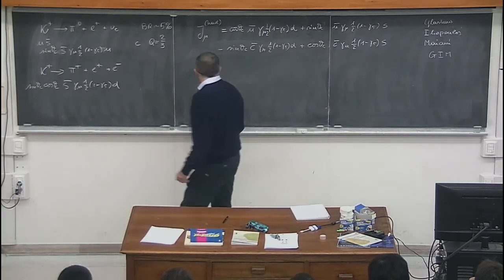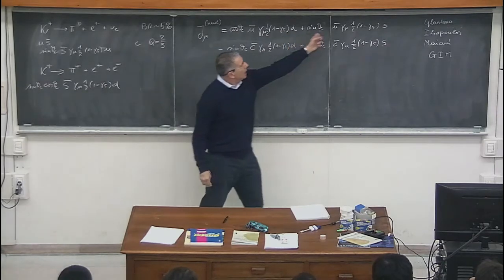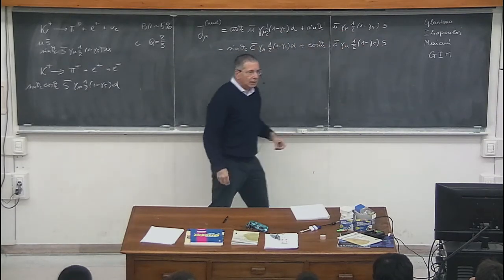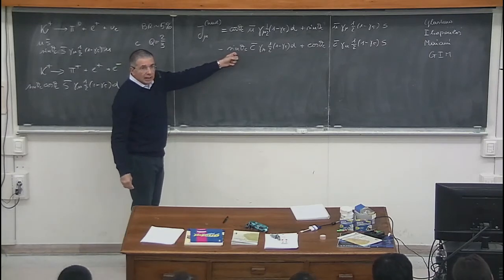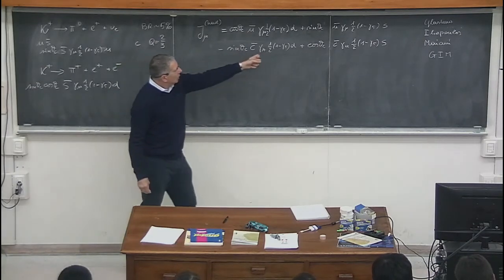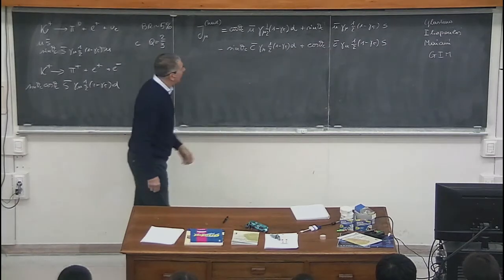So while the up quark is mainly coupled to D and weakly coupled to S, the opposite is true for the charm quark. It is only slightly coupled to the down quark, and it is strongly coupled to S.